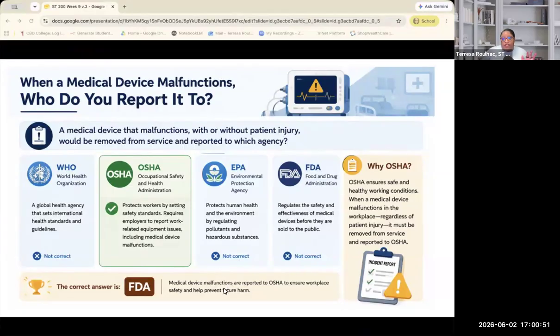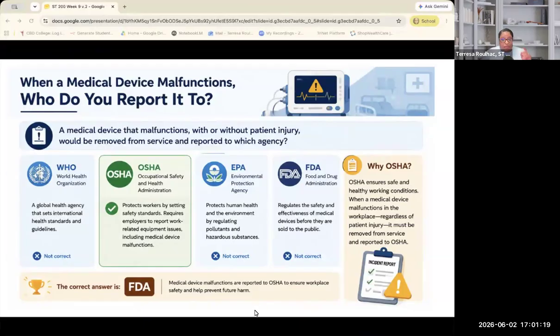OSHA is concerned primarily with worker safety. The EPA focuses on environmental concerns. Who develops global health guidance? WHO, the World Health Organization, not "who," but okay. Now, the FDA, however, is really the agency that is responsible for regulating medical devices in the United States.